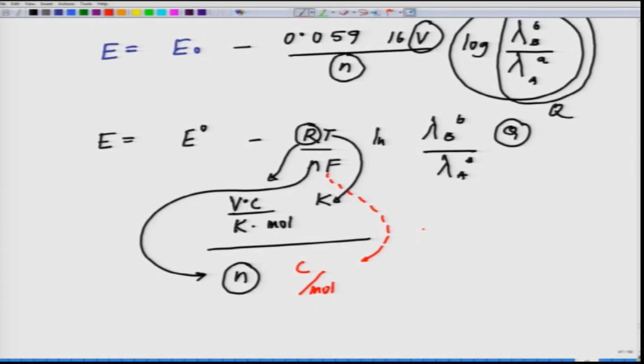So, if you now place it, the unit analysis becomes volt coulomb per mole per kelvin. You have the kelvin here and another kelvin there, so the kelvin cancels.